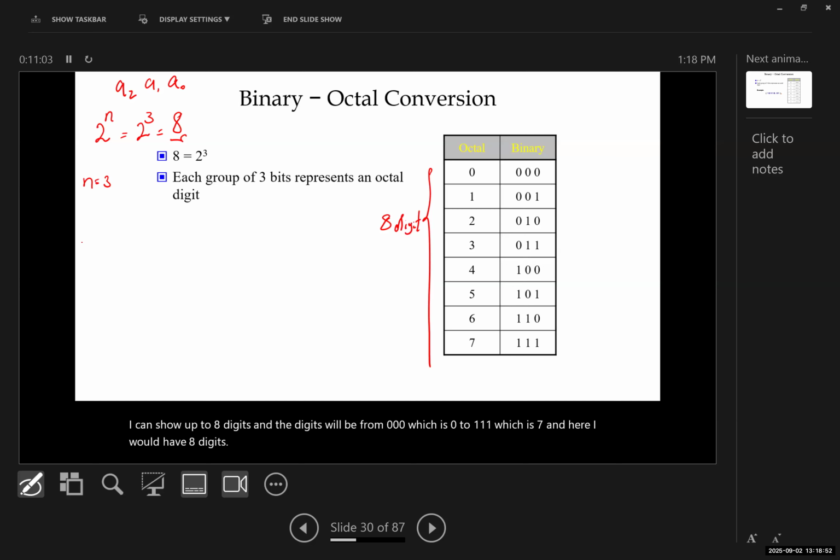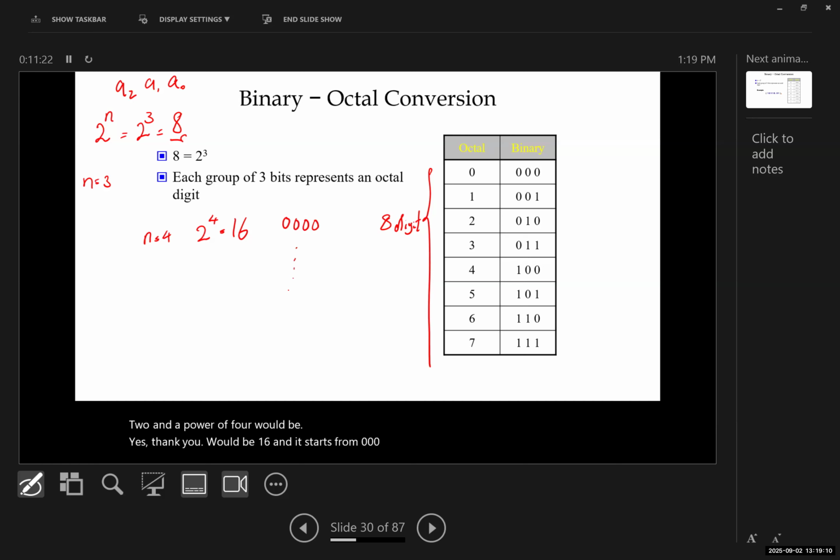So if n is equal to 4, how many values would I have? 2 to the power of 4 would be, yes, thank you, 16. And it starts from 0, 0, 0, 0, goes all the way to 1, 1, 1, 1, which is between 0 and 15, which is 16 values.